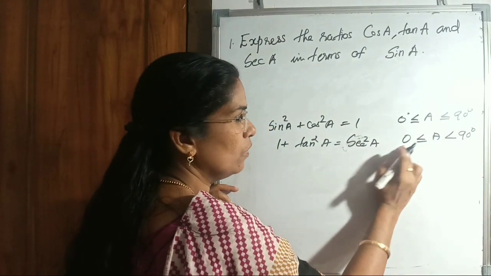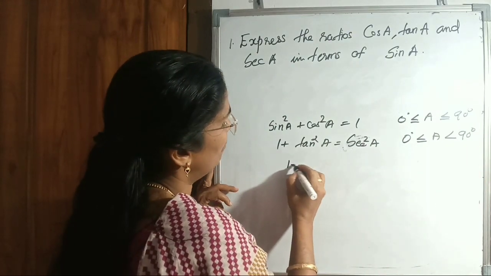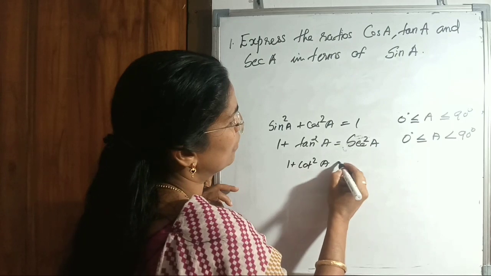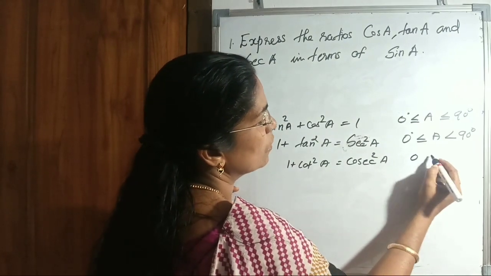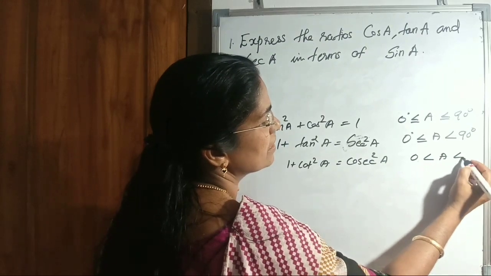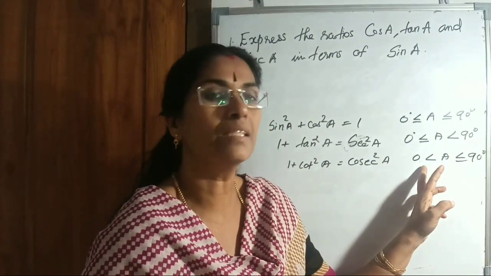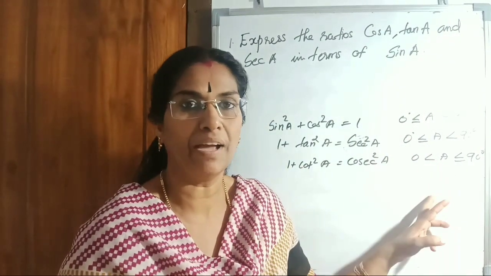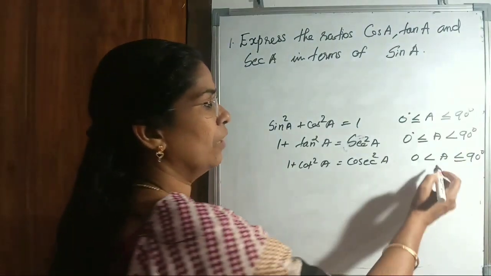Like this, 1 plus cot square A is equal to cosec square A. This identity is satisfied for 0 less than A less than or equal to 90, because cot 0 is not defined. So this you have to remember.